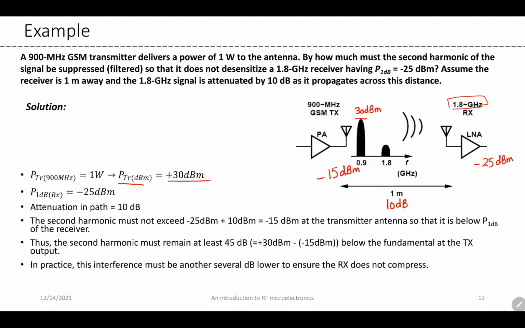And this power should be minus 15 dBm if we don't want the receiver to be driven into gain compression, which means that the second harmonic should be 45 dB less than the main carrier signal, the fundamental frequency.